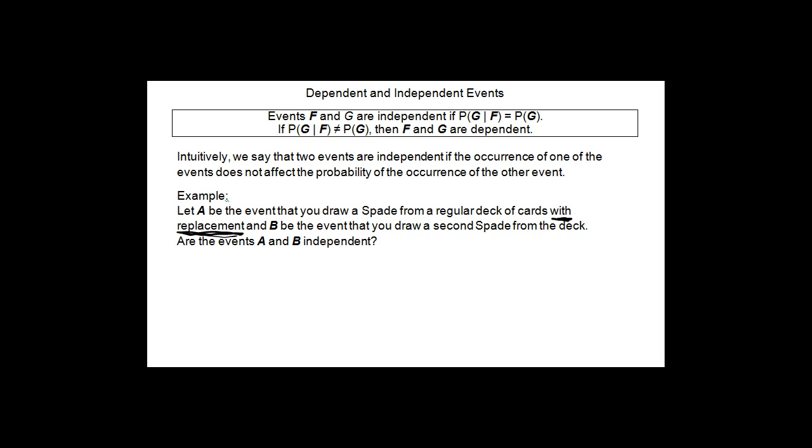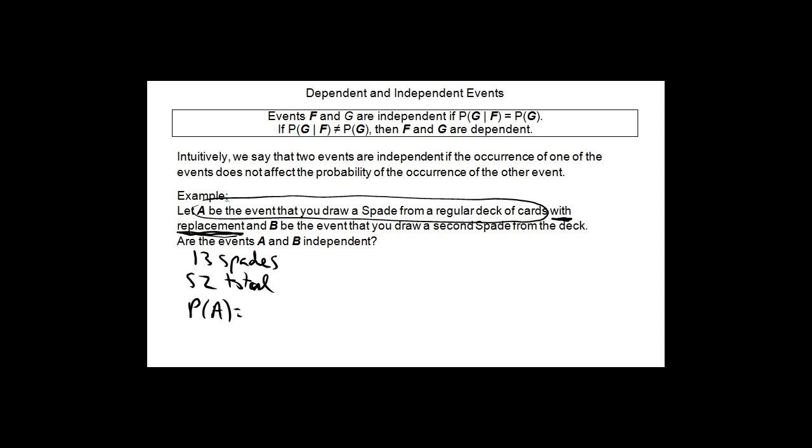If you draw a spade from a regular deck of cards, there are 13 spades and 52 total cards. So the probability of the event A, which is drawing a spade, is 13 out of 52. Of course that reduces, but for my purposes I don't care. But what I do want to say is that I'm putting it back before I draw again.